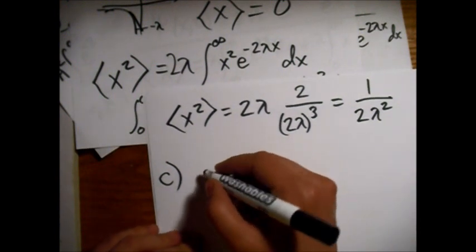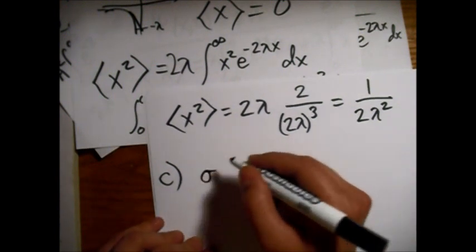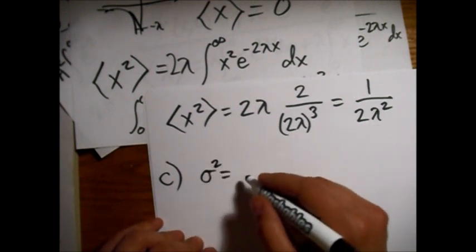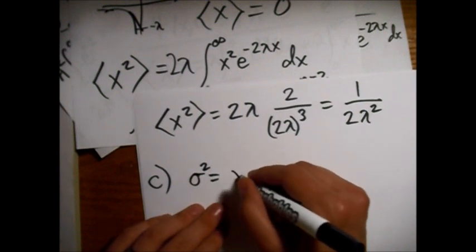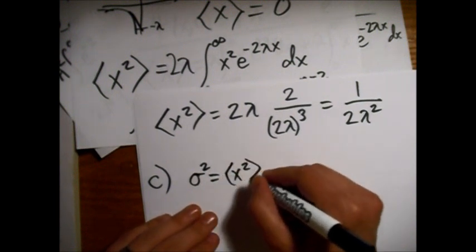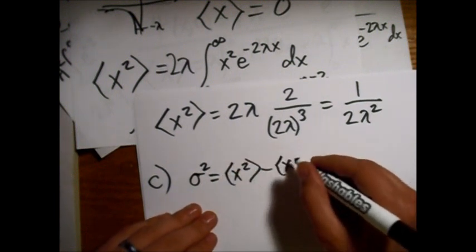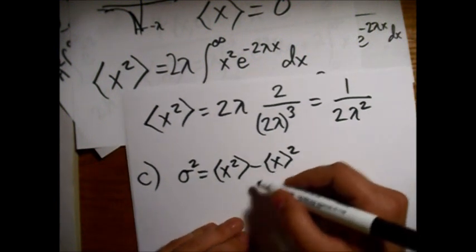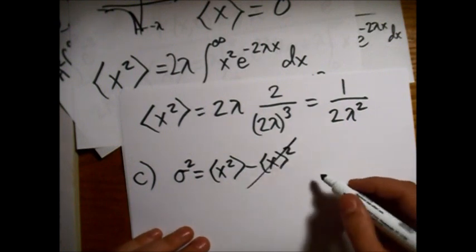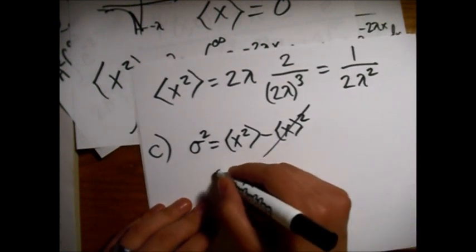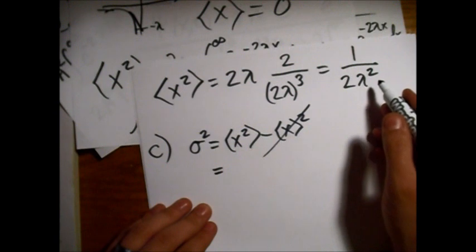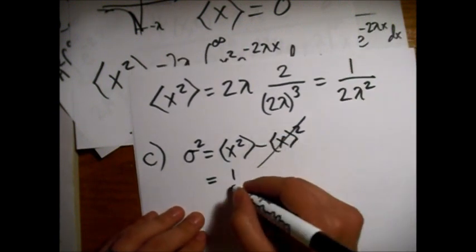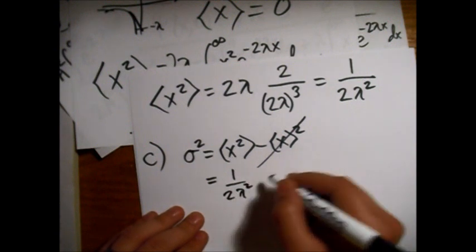Well, standard deviation of x, just call it the variance here. We have our little buddy like that. Now this part we know is 0, so we can just forget about that for now. And then we know this part is just 1/2 lambda squared.